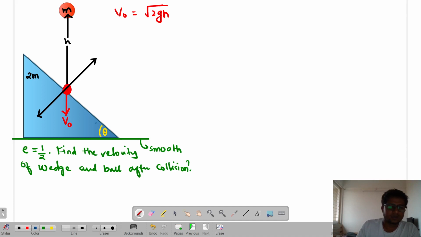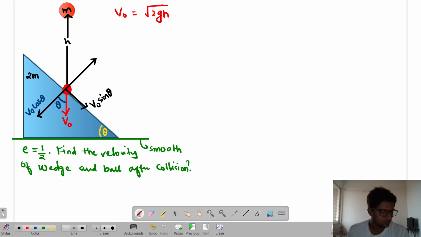If this angle is theta, we know that this angle is also theta. So V naught cos theta and then V naught sin theta. Isn't it? That's my case over here.